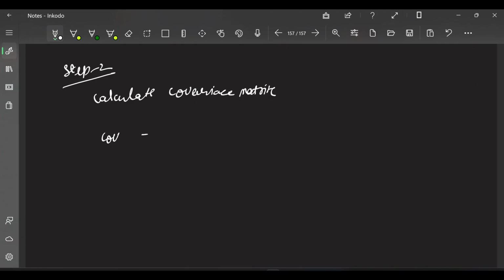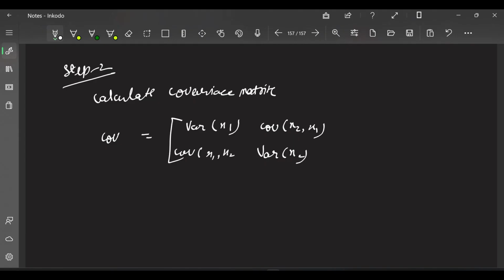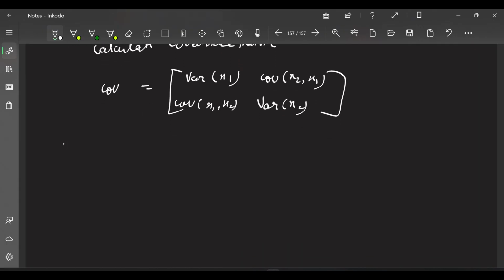The covariance matrix looks like: variance of x1, covariance of x1 comma x2, covariance of x2 comma x1, and variance of x2. So how are you going to find the variance and covariance?